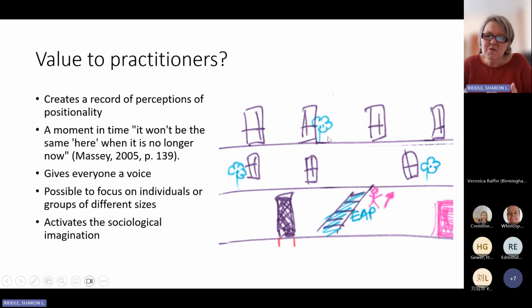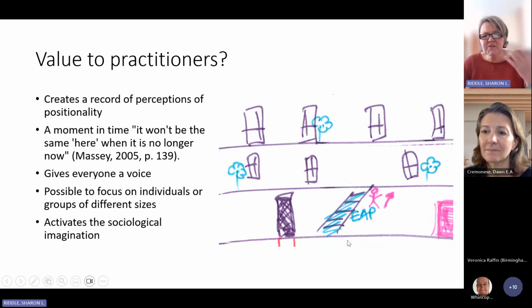How do we get more trees growing in the university? How do we plant more seeds? How do we make these trees grow bigger? Maybe different colours, different types of EAP activity within the university. What needs to be done to achieve that? And it can create more creative thought.